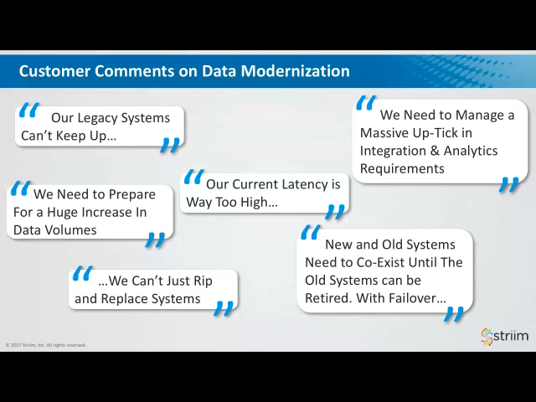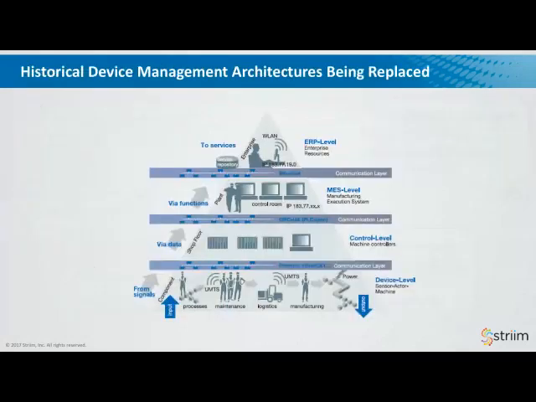So we need to think about architectures that can handle all of those things without necessarily ripping and replacing all of the existing systems. And if you think about manufacturing, for example, there was a very hierarchical view of how manufacturing looked, all the way from the individual sensors and devices, going through control levels and then manufacturing execution systems, all the way through to ERP, which basically managed the supply chain.